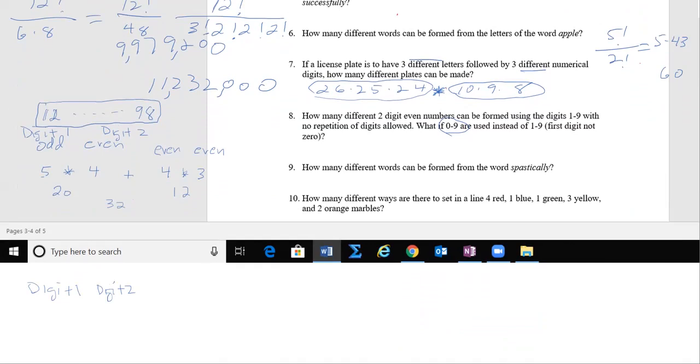And let's assume we'll start with the odds now. Again, we'll start with an odd number and we'll end with an even. We have to end with an even. And then we'll do it again, like we did above, digit 1, digit 2.